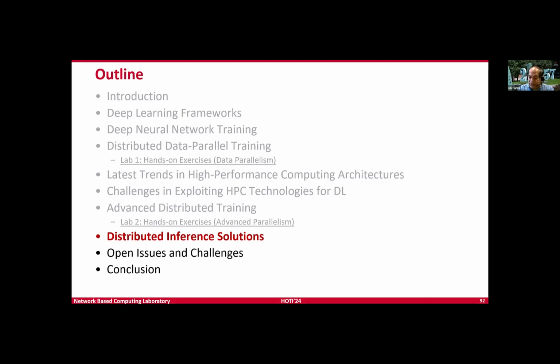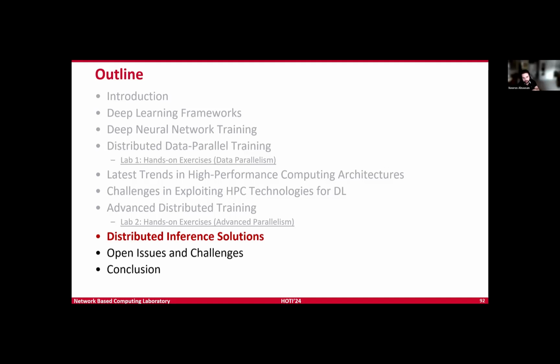Any other questions before we go to inference? Just one comment on the previous question. What things are transferred, model parameters and input data? Usually we do not transfer input data. We just transfer model parameters. Input data is on a shared file system, which means all the nodes have access to the same data.